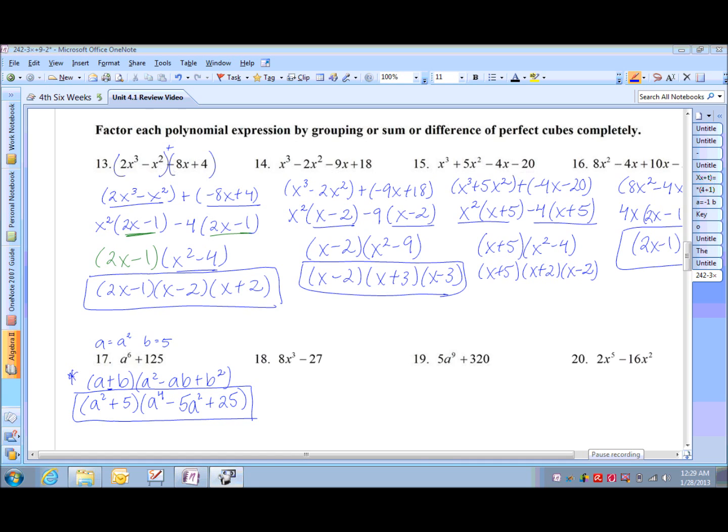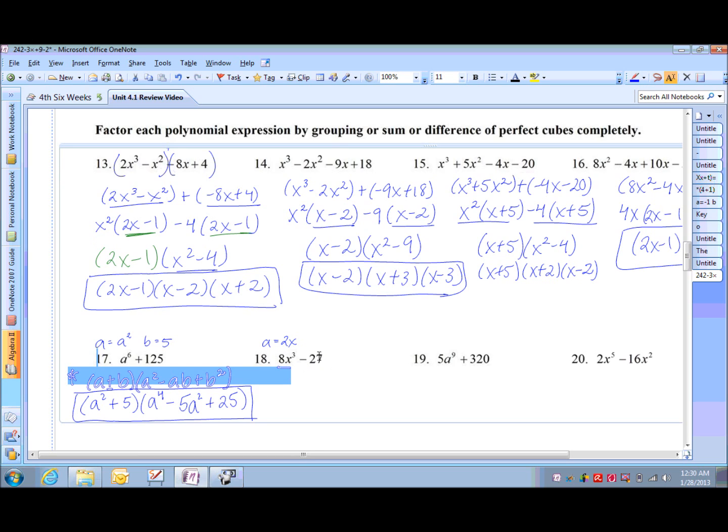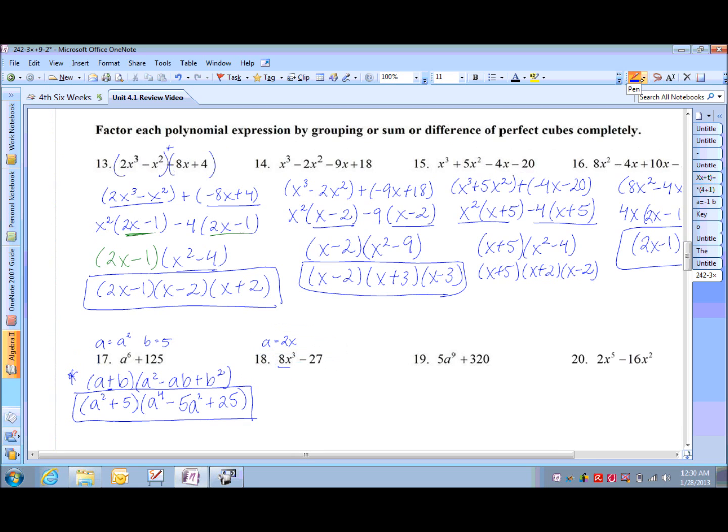Okay, in problem 18, we have a difference of perfect cubes. So for the perfect cube 8x cubed, when we take the cube root of that, we get an a value of 2x. And when you take the cube root of 27, you end up getting a b value of 3. Now, the formula for the difference of perfect cubes is a minus b times a squared plus ab plus b squared.